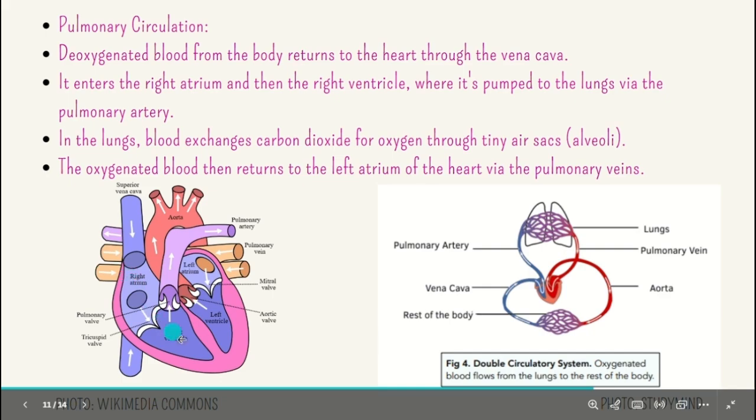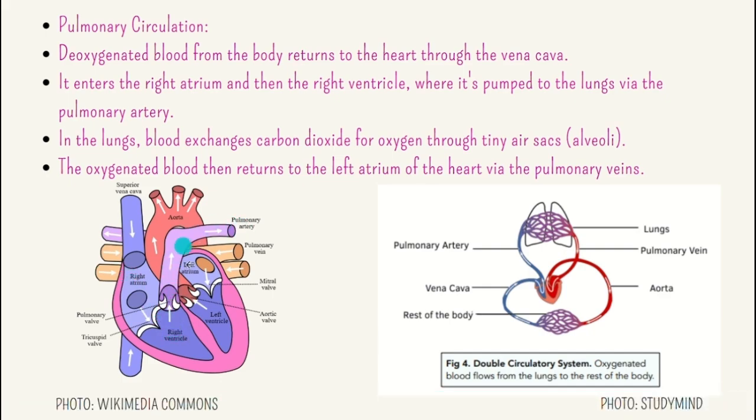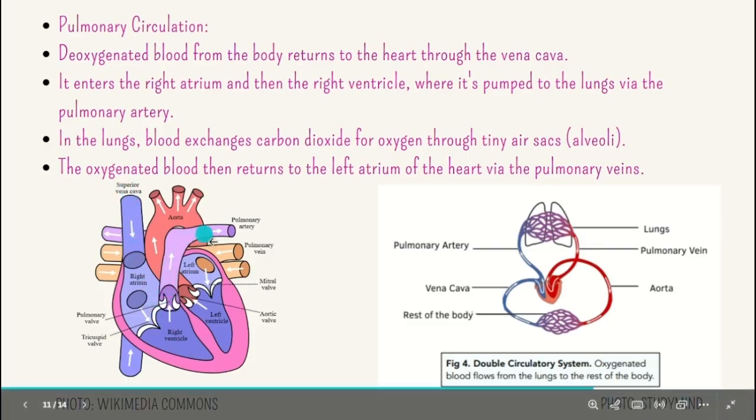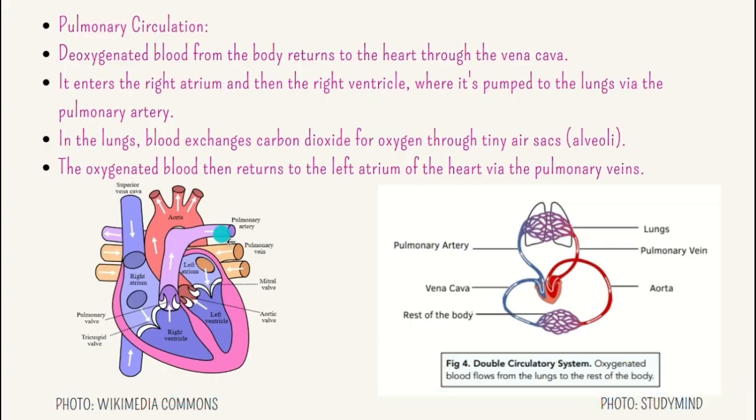So it comes to the right ventricle, where it's pumped to the lungs via the pulmonary artery. As you can see, this is the first lap of the blood circulation. Blood passes through the heart twice. So this is where deoxygenated blood comes in, and then it's pumped to the lungs via the pulmonary artery. Right, good.